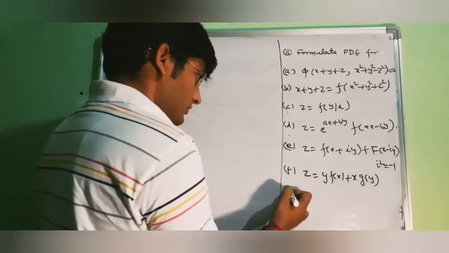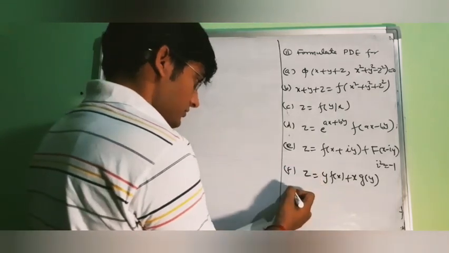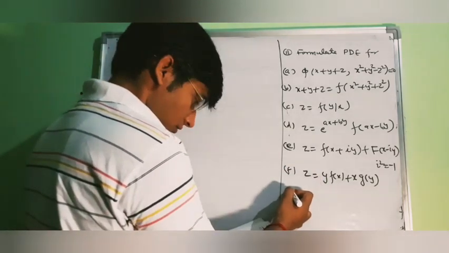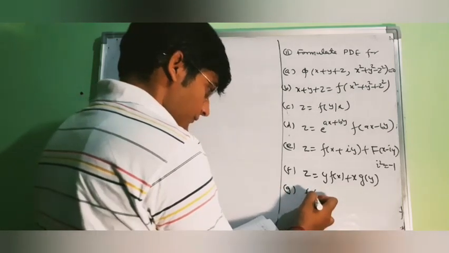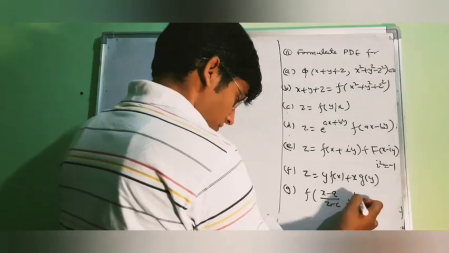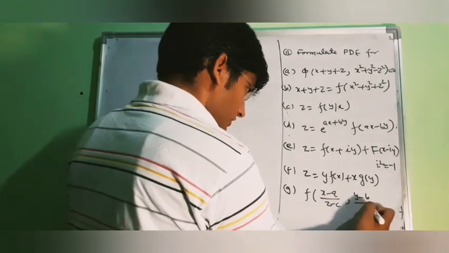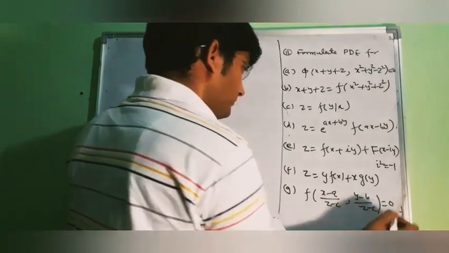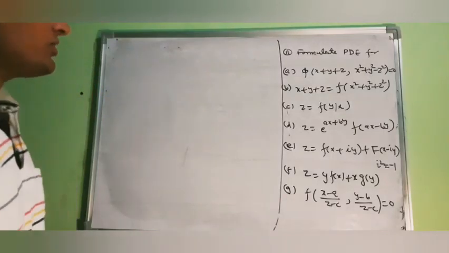And we can have the next part, f of x minus a upon z minus c, and y minus b upon z minus c equal to 0. So these are the questions.